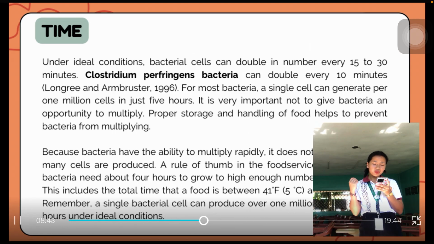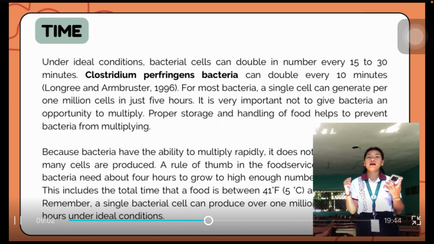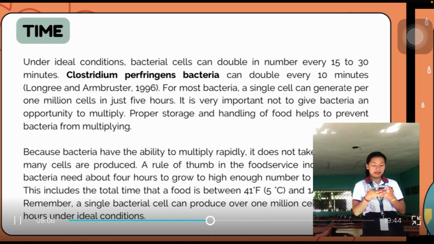For most bacteria, a single cell can generate 1 million cells in just 5 hours. So it is very important not to give bacteria an opportunity to multiply. The proper thing to do, if you want to prevent bacteria from multiplying, is proper food handling.